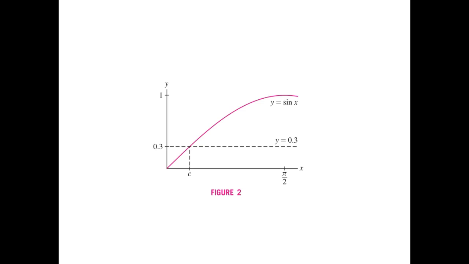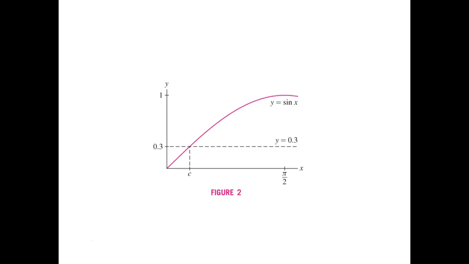One of the reasons we chose that interval is that we suspect a solution to exist. We know that at x equals 0, sine is 0, and at x equals pi halves, sine is 1. So 0.3, which is what the equation asks for, is between 0 and 1.